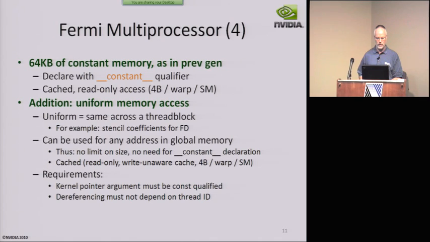What you do is just use the C construct const, and as long as it truly is constant and doesn't depend on a thread ID or something that can change between threads, it works effectively the same way as constant memory. And there's no limit on it. The advantage is you have infinite constant memory now, and guaranteed hit on the cache.